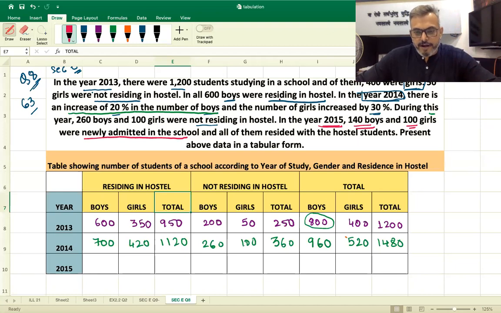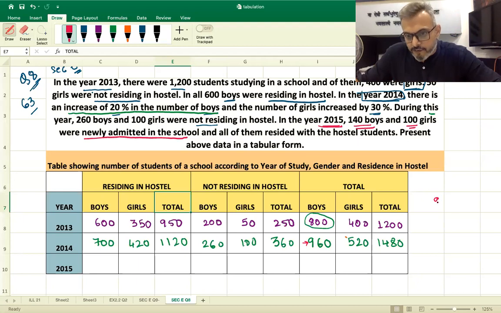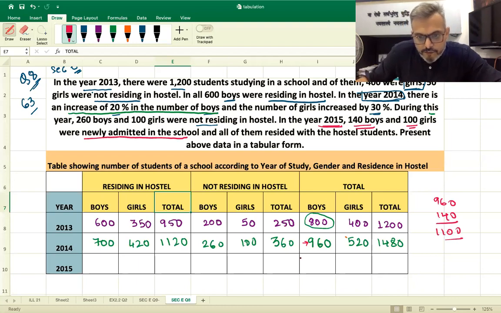Is this clear now? So, in the year 2014, there were 960 boys. New admission was taken by 140. So, 960 plus 140, it comes to 1100. So, now we have 1100 boys. Is this clear? Kashvi?